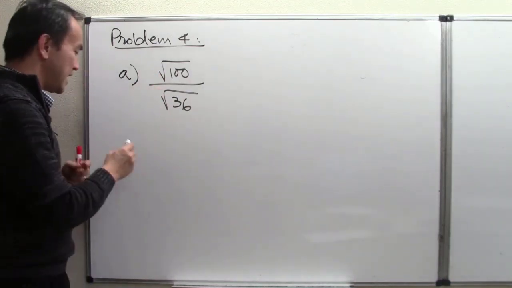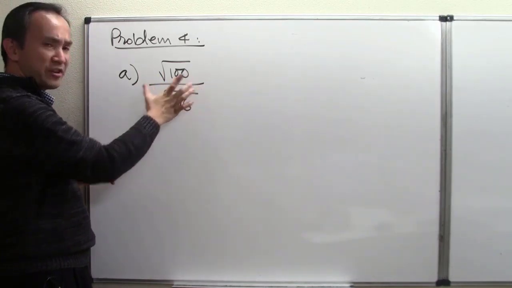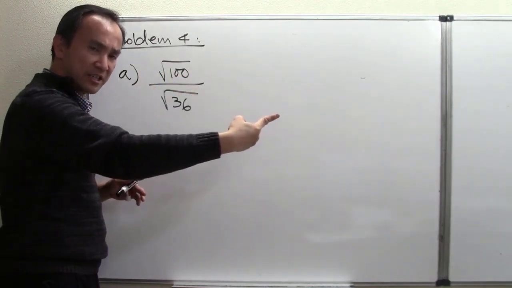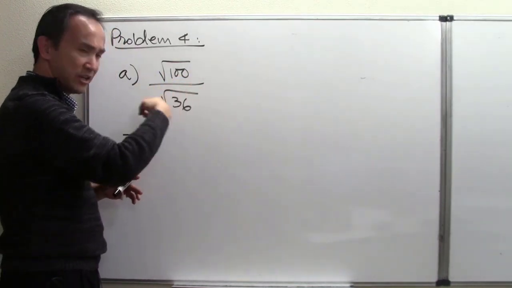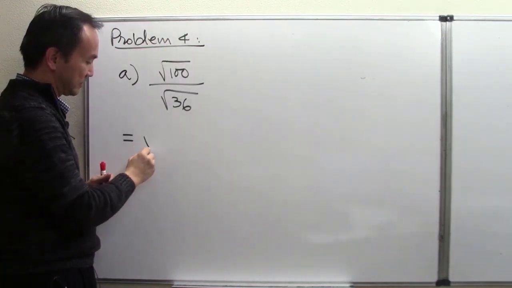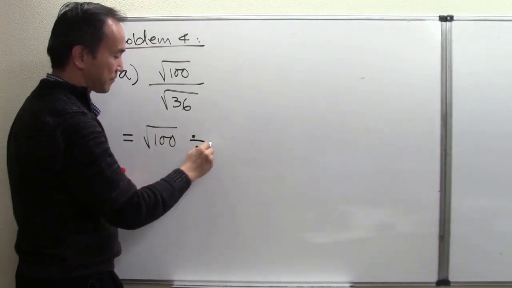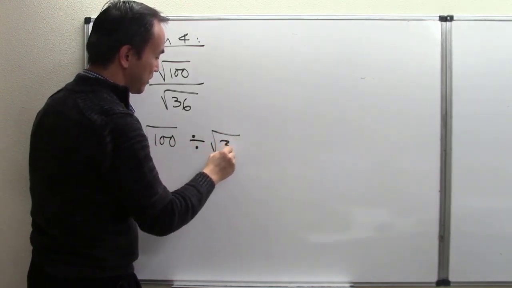Fraction has long been understood and known as a division. So this exact fraction can be understood as the square root of 100 divided by the square root of 36.